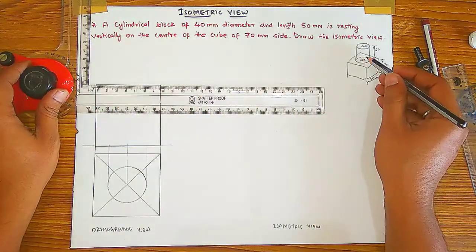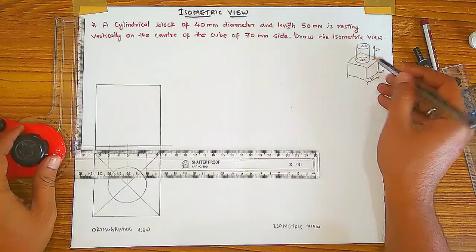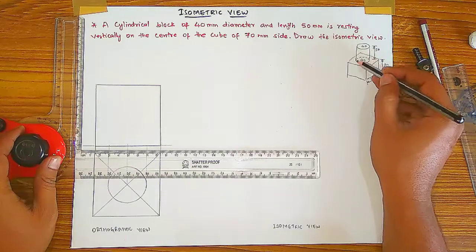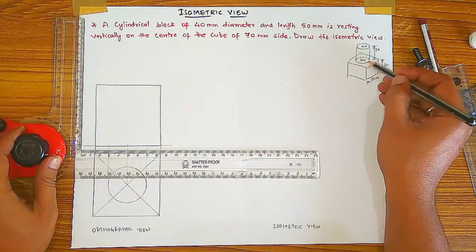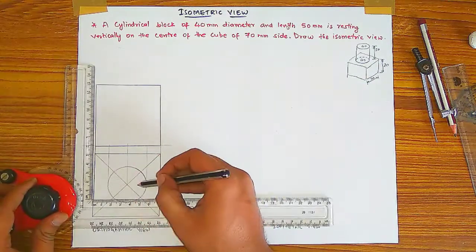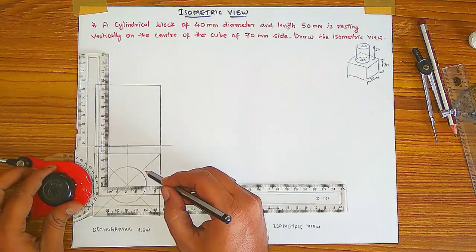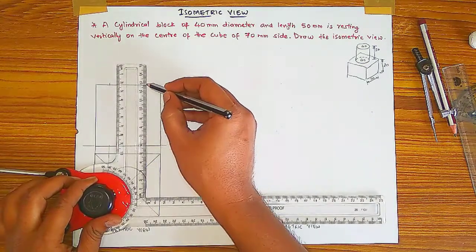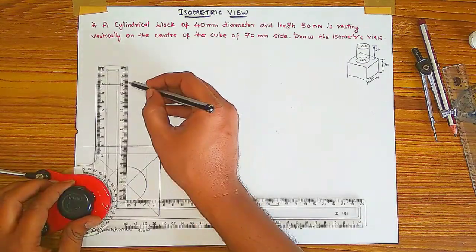Then on this cube your cylinder is resting. Exactly, if you see from this side, the cylinder looks like a rectangle, having a 40 mm width and a height of 50 mm. So I am already getting the width of the cylinder. From this end we can take a point like this, and the center point also.